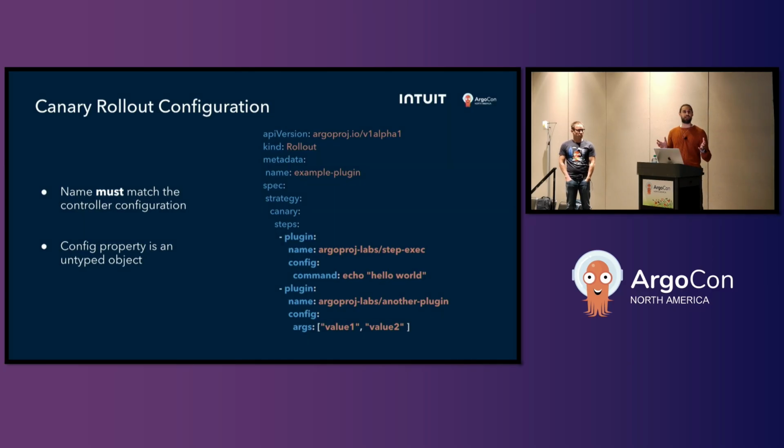So the config is not a typed object. You can really put any kind of values in there. It's not just a map of string. It can be any kind of object. So on the second plugin, you have an example with an array. On the first one, you just have a key value. And that's it. That's all the config you need to basically configure your rollouts objects.